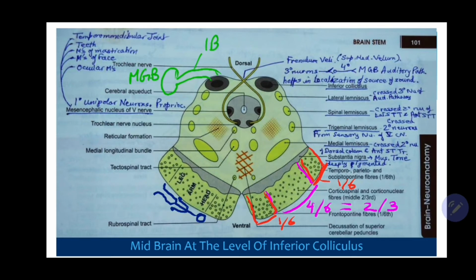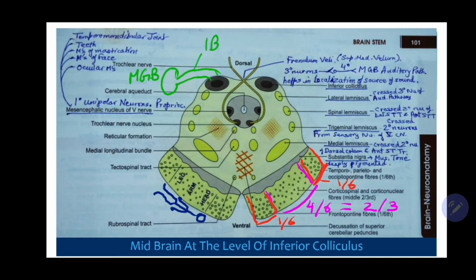So the fibers from there decussated in the same segment in the form of ventral tegmental decussation, and then they cross and descend down in the form of rubrospinal tract, into the upper portion of the spinal cord to maintain the muscle tone, especially the flexors of the opposite upper limb, and by inhibiting the action of extensors.